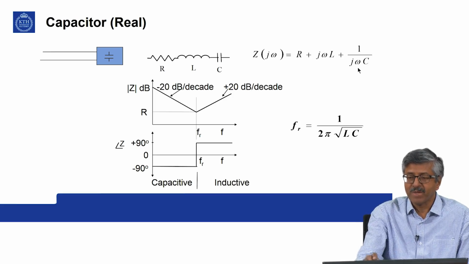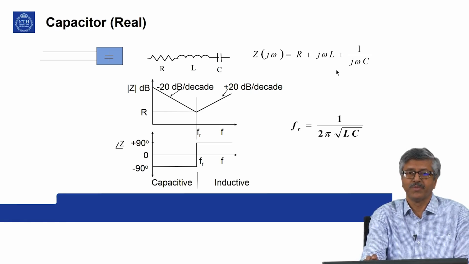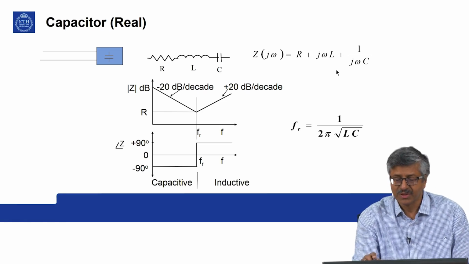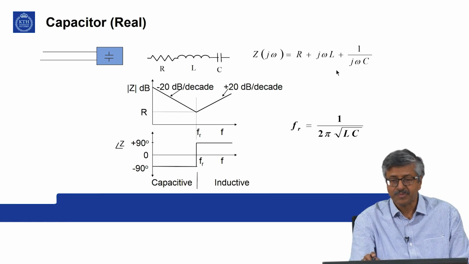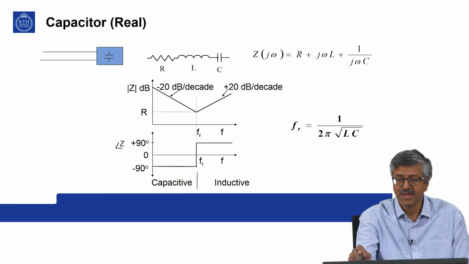So let us take this impedance. You increase the frequency from 0 hertz, and then it is only R, since j omega L is 0.